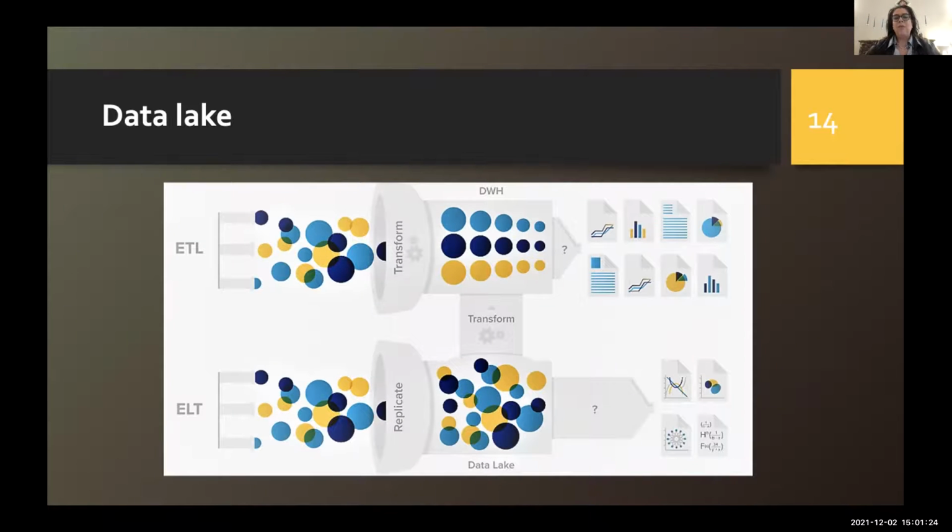So this is how it looks. You have the loading of the data that are a mess, and then you transform, you replicate, you process the data, and then you create this.